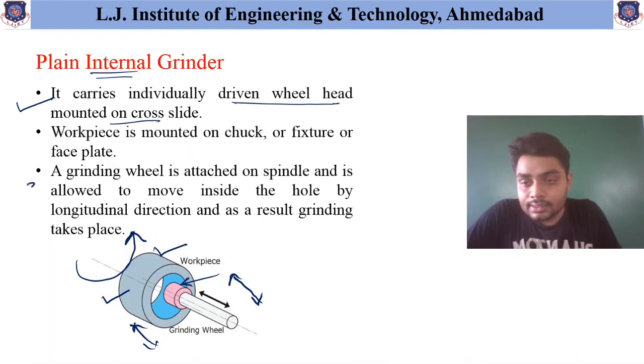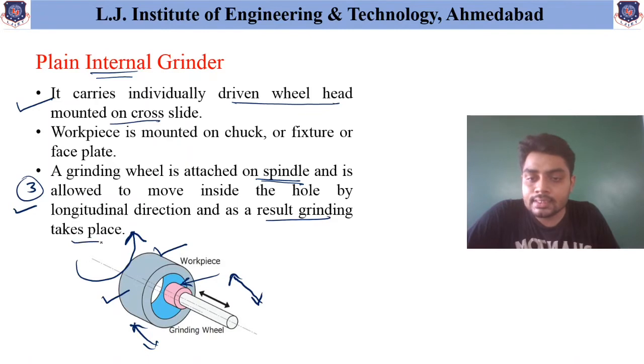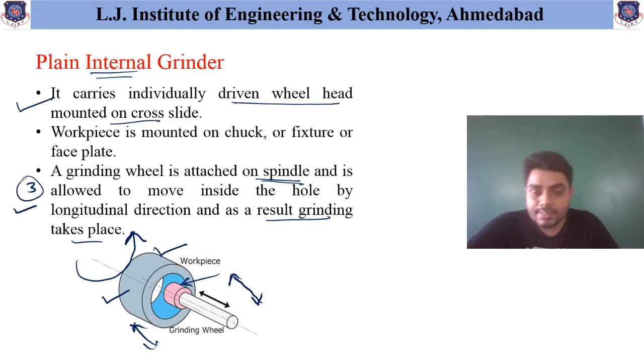The third important point is that the grinding wheel is attached to the spindle and is allowed to move inside the hole in the longitudinal direction. As a result, it grinds the workpiece. That means the workpiece rotates and the grinding wheel is fed inside the workpiece and moved in the forward or backward direction for finishing purpose. So this is the plain internal grinding machine.